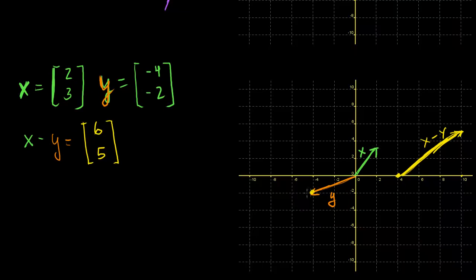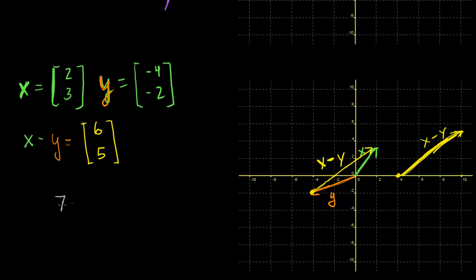So the difference between the two vectors looks just like that, which should make sense intuitively. x minus y is the difference between the two vectors. You can view the difference as how you get from one vector to another vector. Let's go back to our second grade world of just scalars.